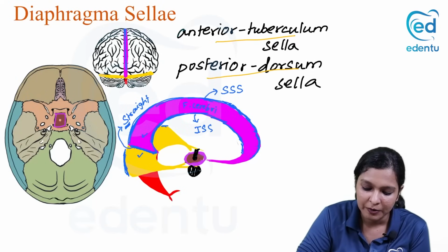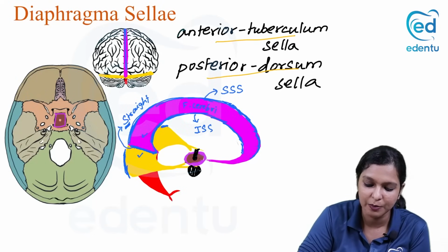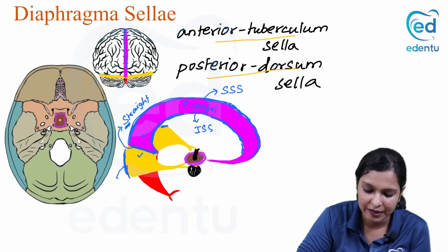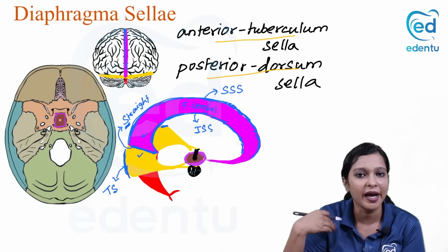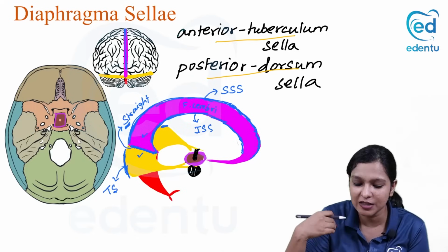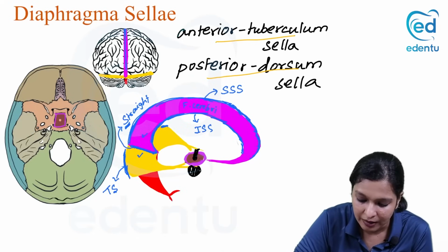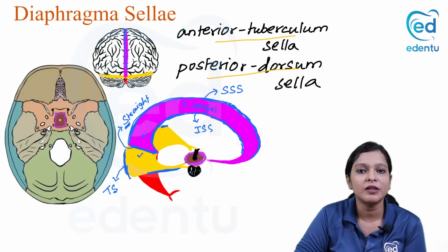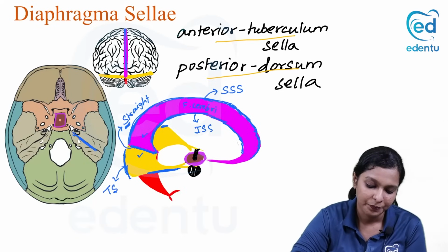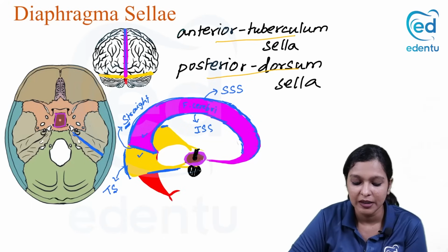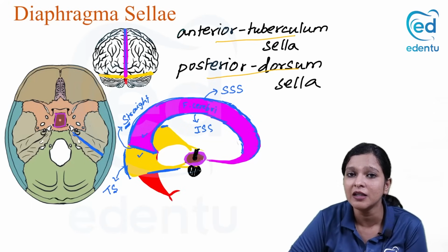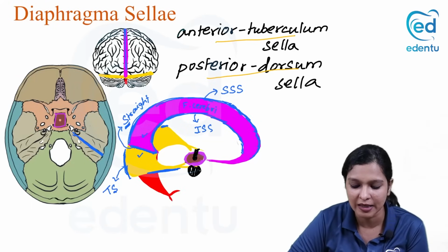Related to the posterior attached border, we have a sinus called the transverse sinus. There is one on either side, so they are paired sinuses. Again, on this part, the superior border of the petrous part, there you have a sinus called the superior petrosal sinus.